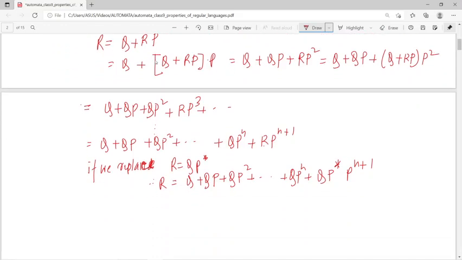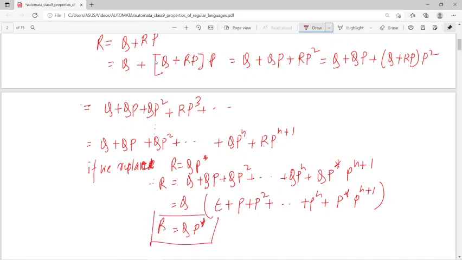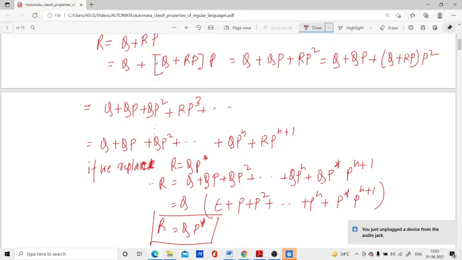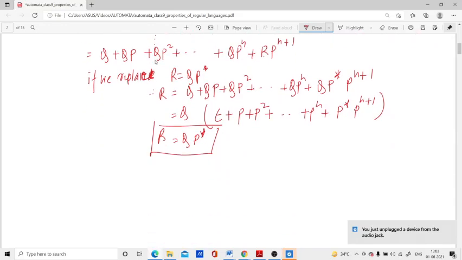So if we take Q as common, then epsilon plus P plus P square up to P to the power n, plus P star P to the power n plus 1, and that is nothing but P star. So you can get this equation. So that is the only solution that we will get, that is nothing but QP star, and I think it is a very simple proof and you can do it easily.